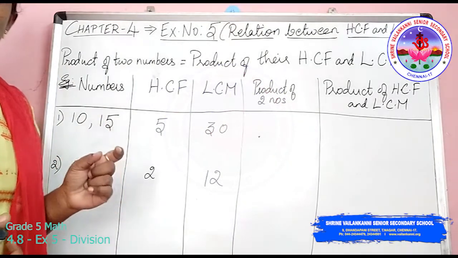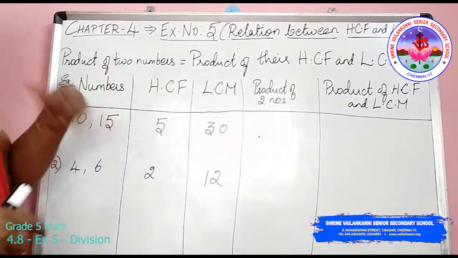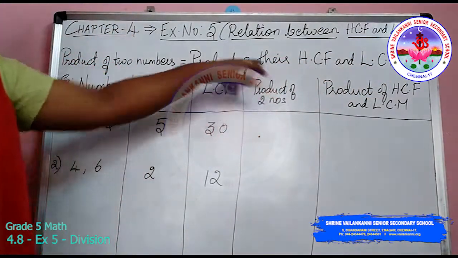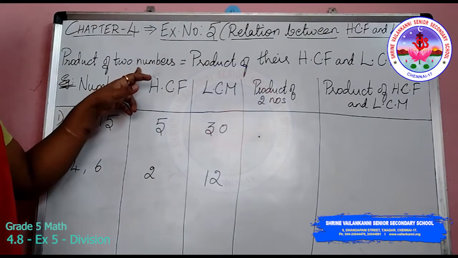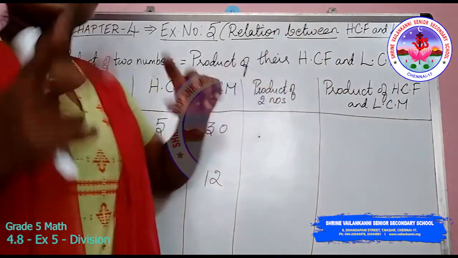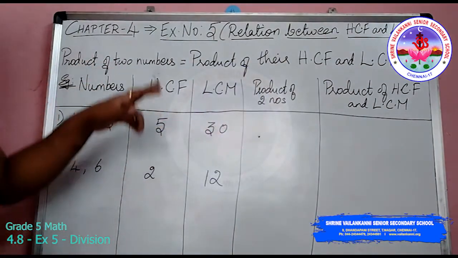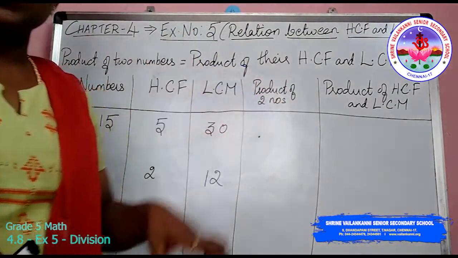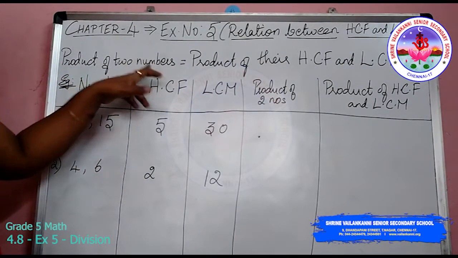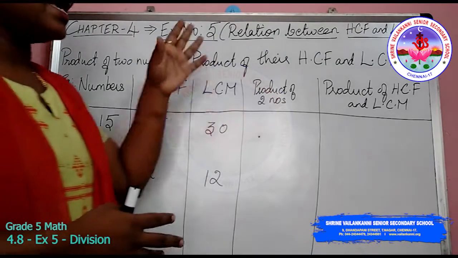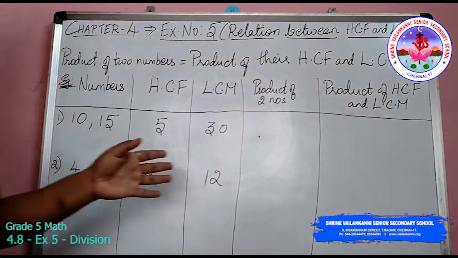That product is equal to the product of their HCF and LCM. If you multiply the HCF and LCM of these two numbers, that product will also be equal to the product of the two numbers. So this is the relationship between the LCM and HCF.